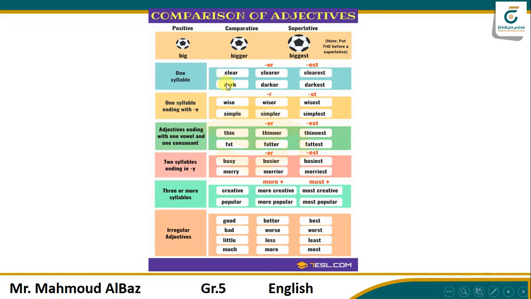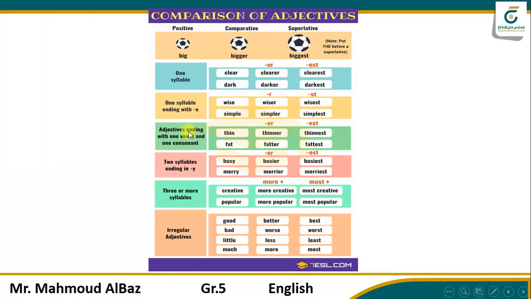Again the word dark, darker, darkest. If the word ends with e, just add r, only r, like the word wise, wiser, wisest. Simple, simpler, simplest. Strange, stranger, strangest.